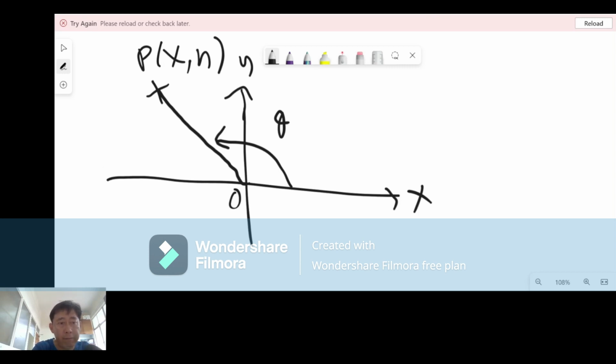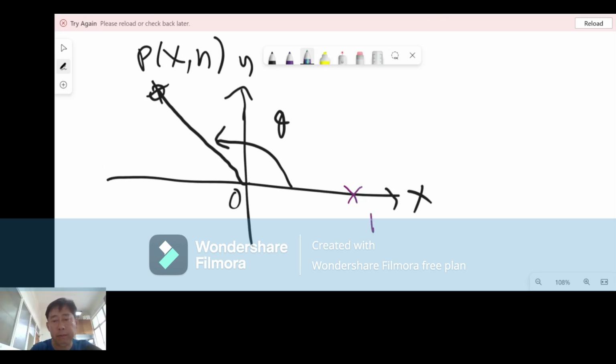So once you have jotted down the point P, then you would like to construct a triangle. So let me say the triangle is to be constructed like this. I would want to have an additional point lying on the x-axis, here.